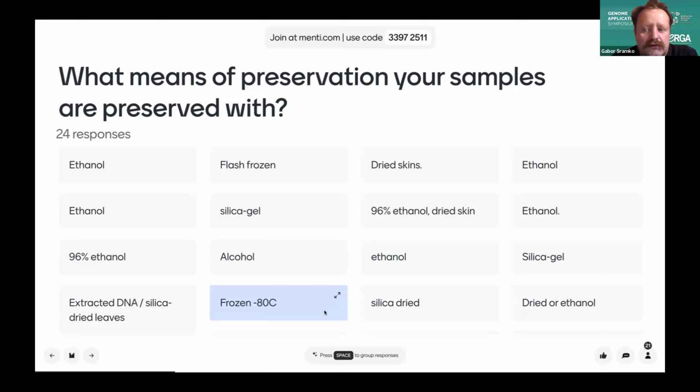Therefore, silica gel is a good alternative in some animals. On the other hand, for example, in beetles, we had to drop all the beetles collected in silica gel into the bin because all the DNA was fully degraded. So for beetles, it doesn't work.